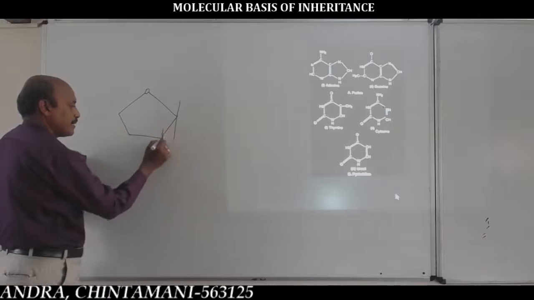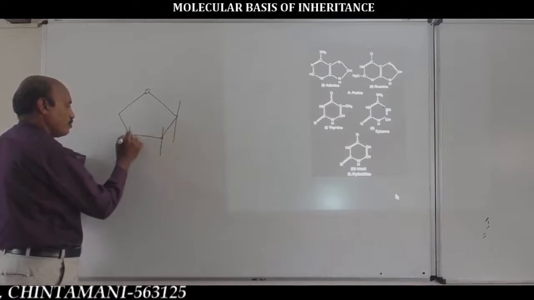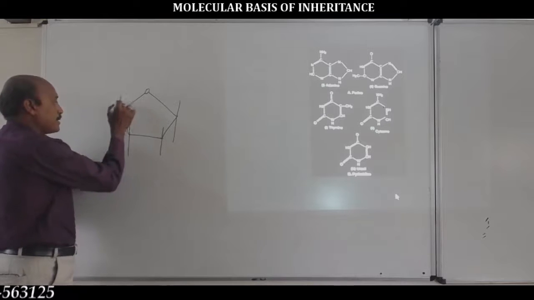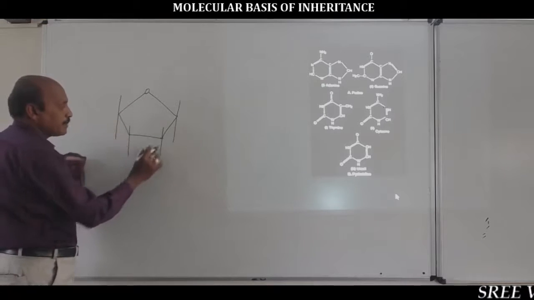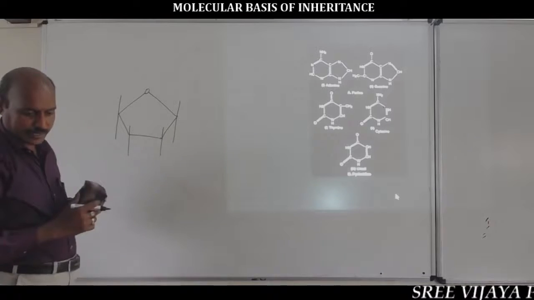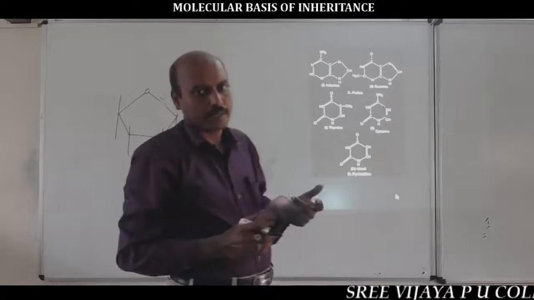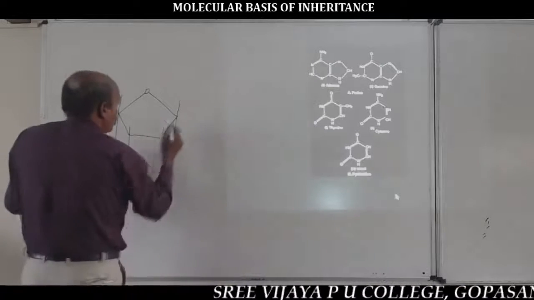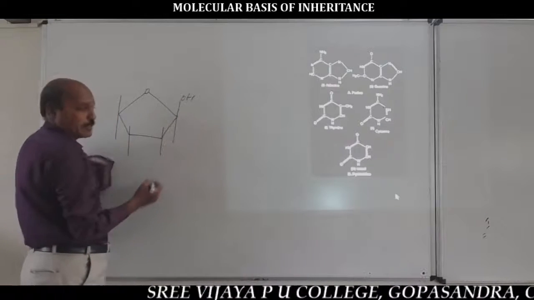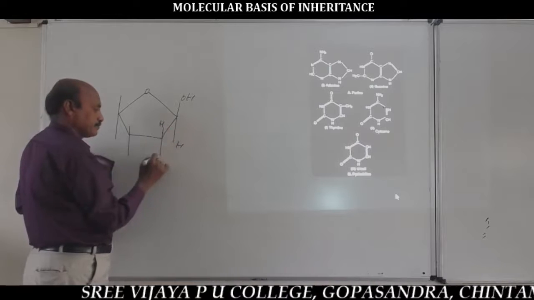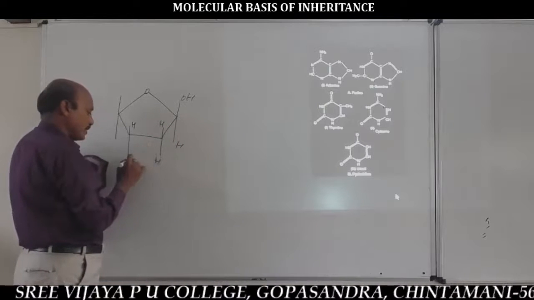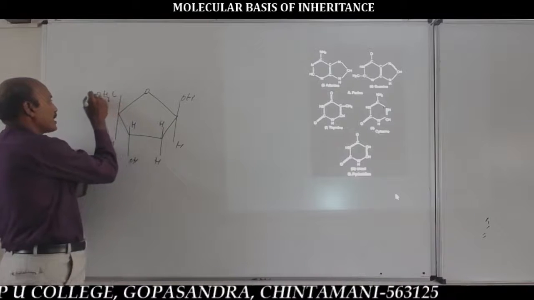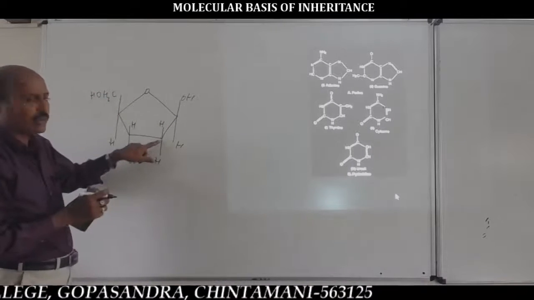the nitrogen base, whether purine or pyrimidine, that is adenine, guanine, cytosine or thymine, binds to the pentose sugar. For example, this is the pentose sugar, deoxyribose sugar, due to the lack of one oxygen atom at the second position of carbon.